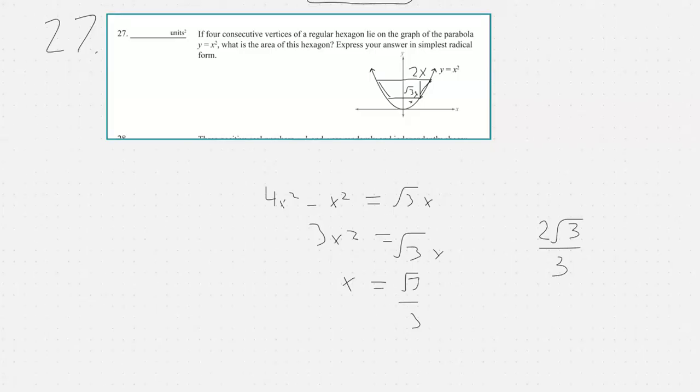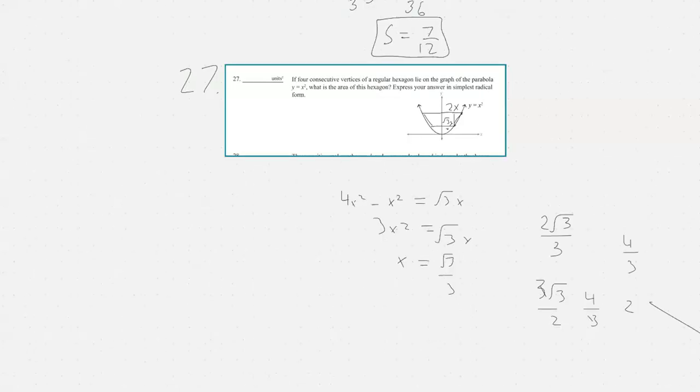And then 3 root 3 over 2 times 4 over 3 is 2 root 3. Yeah, that's basically what I did.